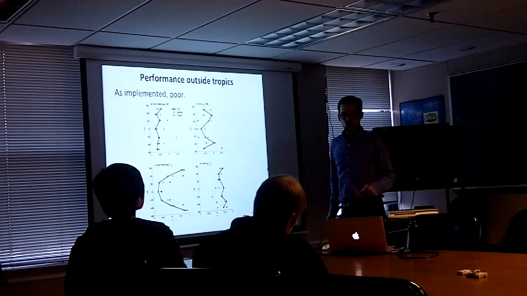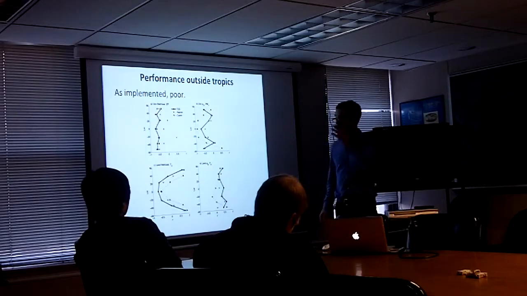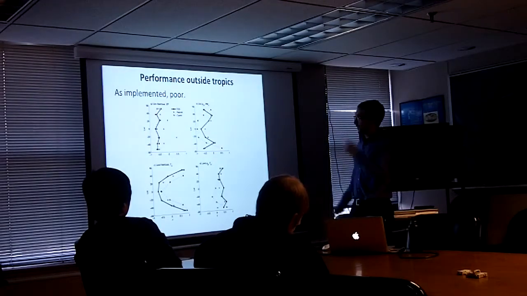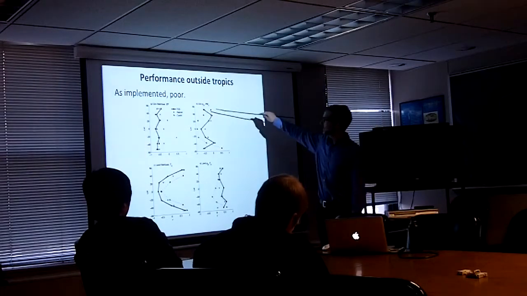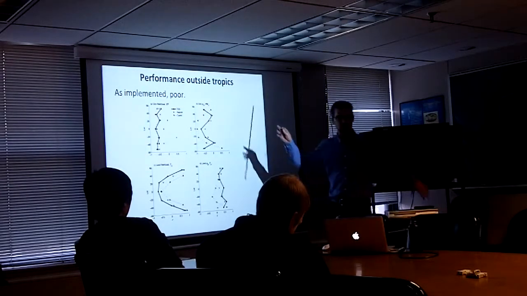And I'll just say that it does not work as implemented. It does not work outside of the tropics. I won't get into it, but these show the zonal relationships, those correlations underlying the scatter plots, when you extend it outside of the tropics.